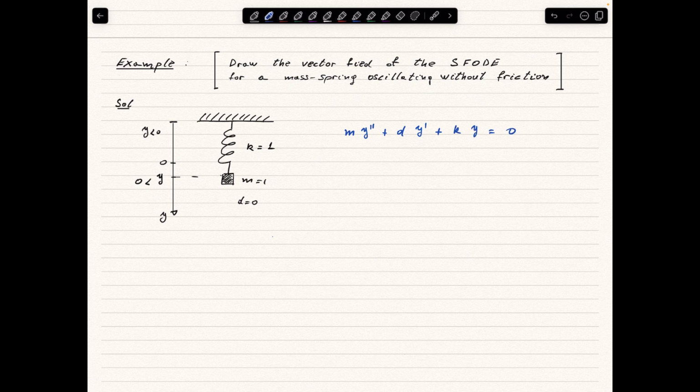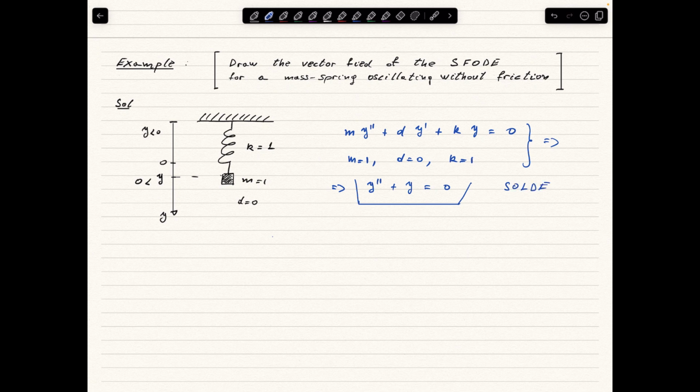And in our case, we have mass equal to 1, d equals 0, and constant k equal to 1, so a pretty simple system. So the equation we need to solve is a second order equation, y double prime plus y equals 0. Well, this equation is a second order linear differential equation.